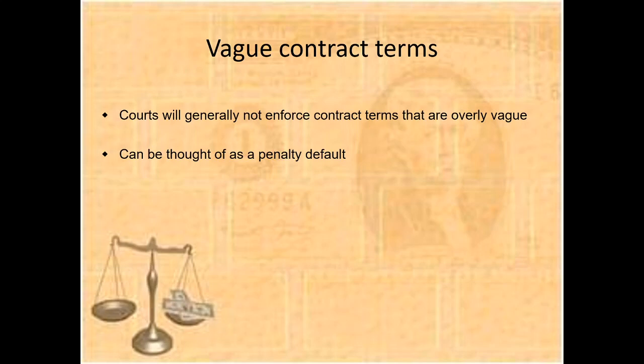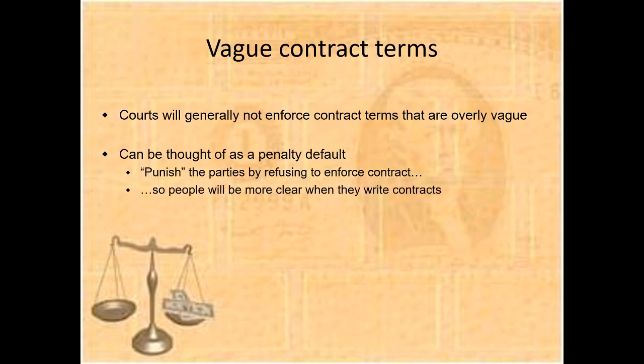That can be thought of as a penalty default, which punishes the party by refusing to enforce the contract. So people will be more clear when they write contracts. If your contract is vague, then it cannot be enforced.